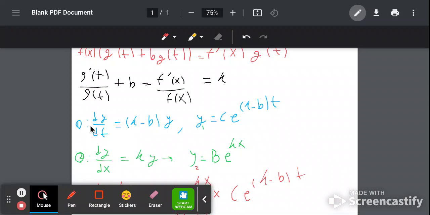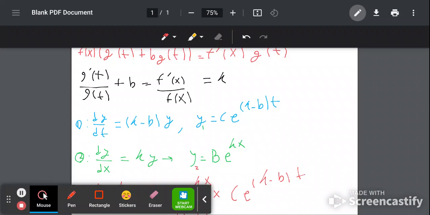For the first one, I wrote g prime of t as dy over dt, the same thing, is equal to, and then I subtracted b from both sides, so I get k minus b, multiplied by g of t, which I wrote as y, because that's the function. Now I can do what we do for an ordinary separable differential equation.